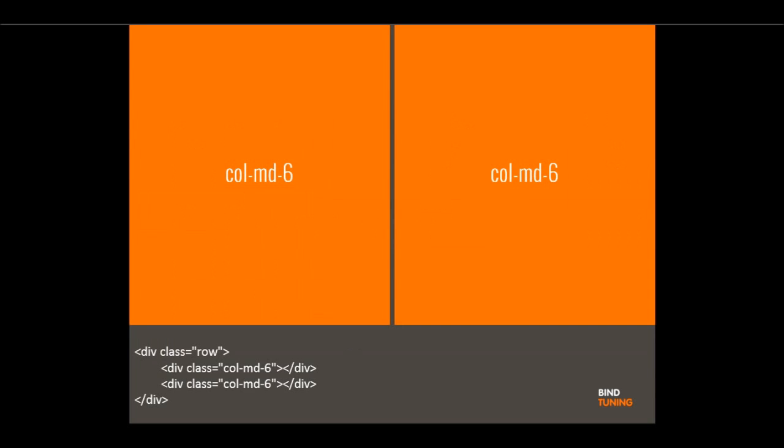Let's have a look at this example. To create a row with 2 columns, first we have to declare a div class row, and then 2 columns, each one occupying 6 of 12.